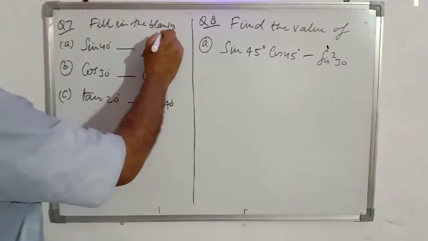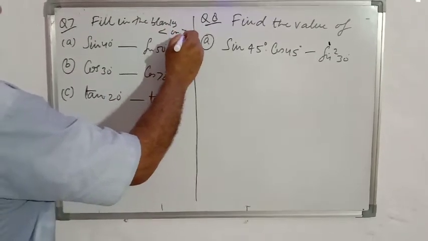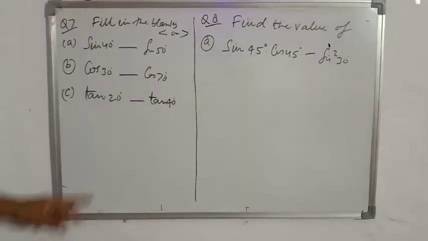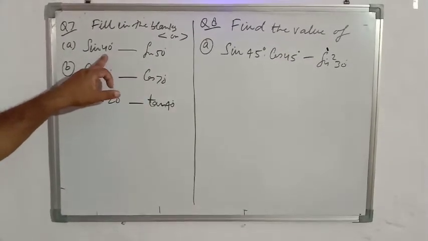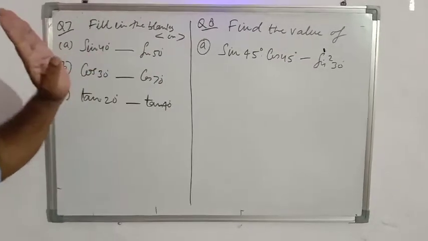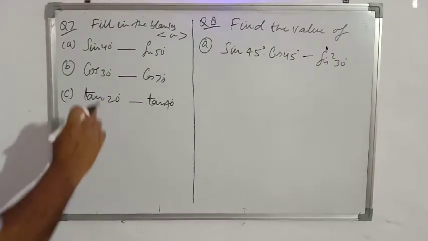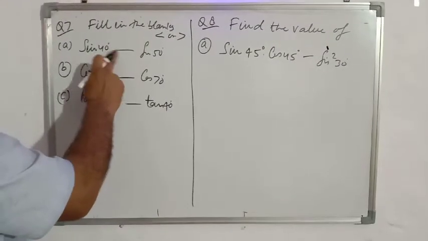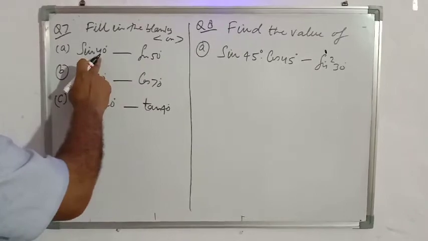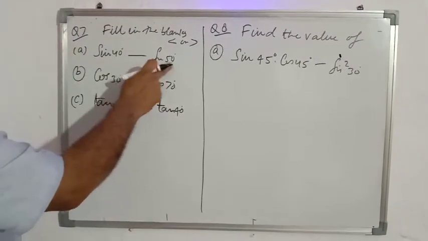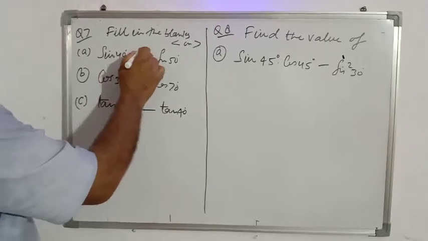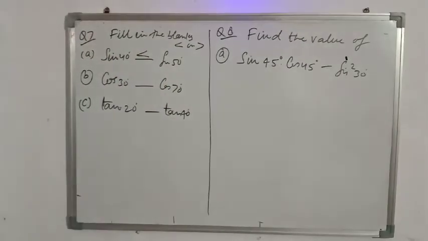We have to fill in less than or greater than. I have told you, if angle A is greater than angle B, then sin A is greater than sin B. But here 40 degree is less than 50 degree, so sin 40 degree will be less than sin 50 degree.